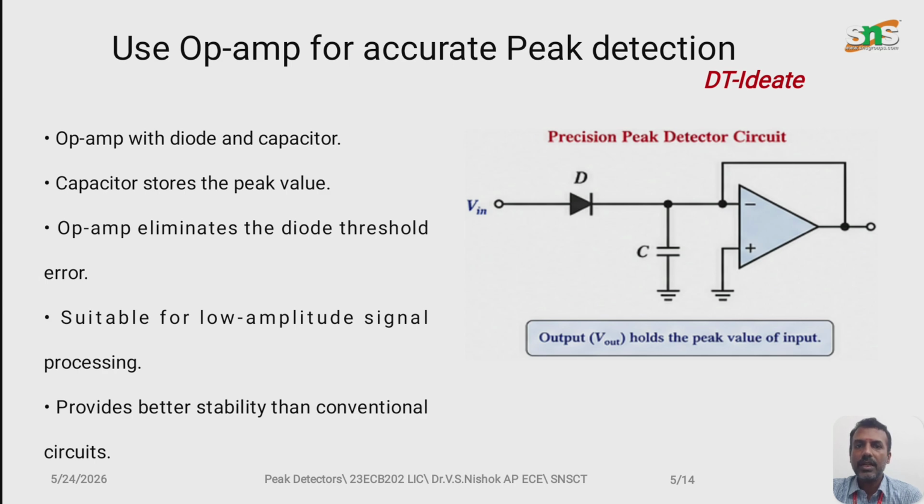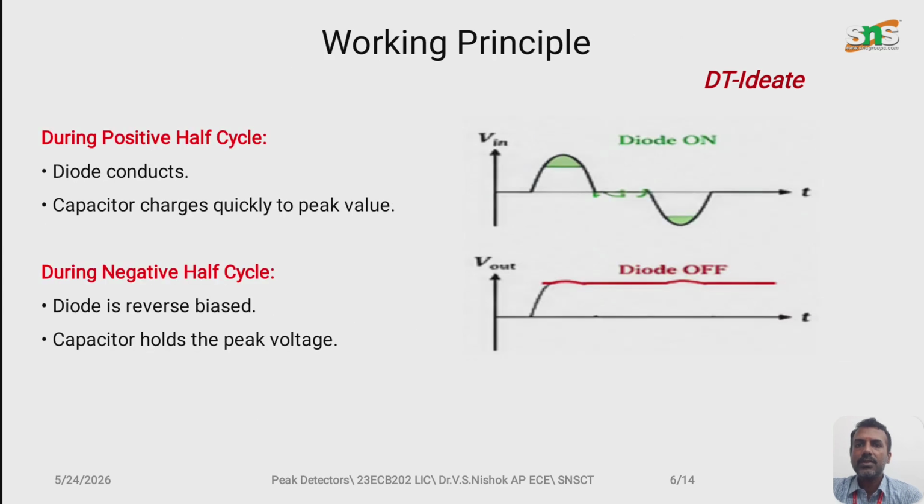So the error of 0.7 volts introduced by the diode in the previous conventional circuits is eliminated here with the help of the operational amplifier, which is most suitable for many applications like low amplitude signal processing, and also provides better stability and better accuracy when compared to the conventional circuits.